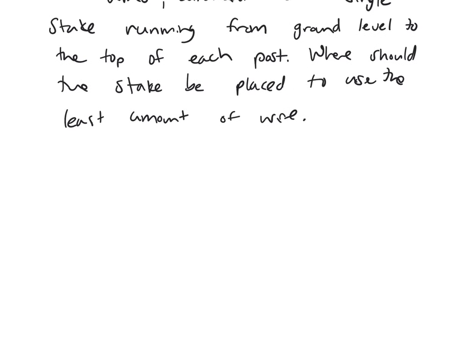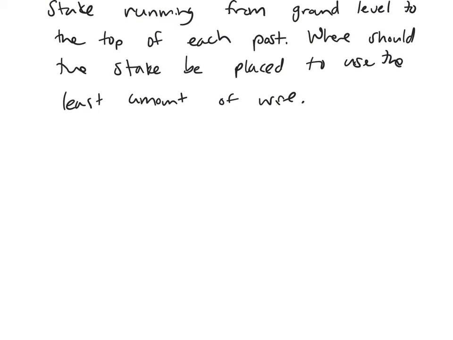So here's the picture, kind of set up. Here I have a post that is 12 feet tall, and then I have another post that's much taller. Here's my second post. It's 28 feet tall.